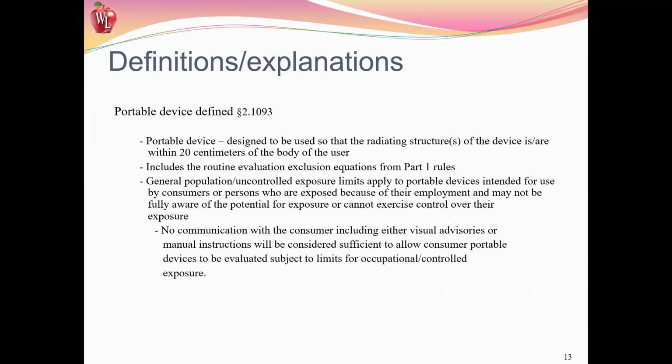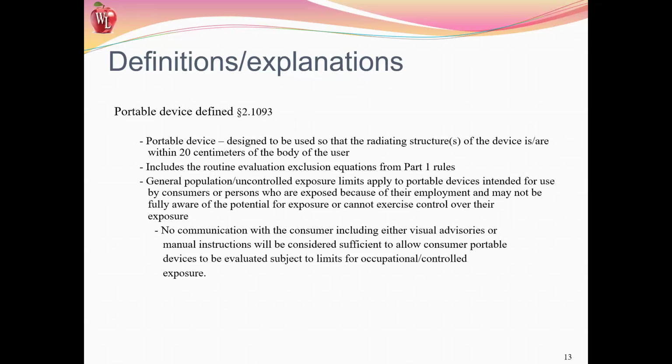General population or uncontrolled exposure limits apply to portable devices intended to be used by consumers, people who are exposed because of employment, and the people that may not be fully aware of exposure and have no control.